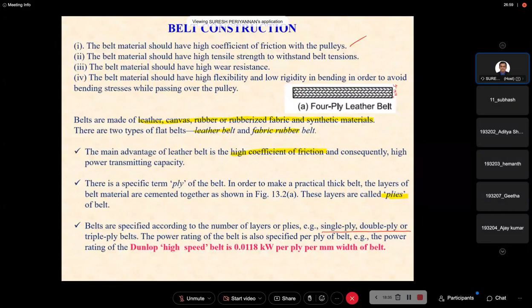The power rating of a high speed belt, in the standard way, is indicated as 0.0118 kilowatt per ply per mm width of the belt. For each ply, how much power it is able to transmit, and per mm width of the belt.